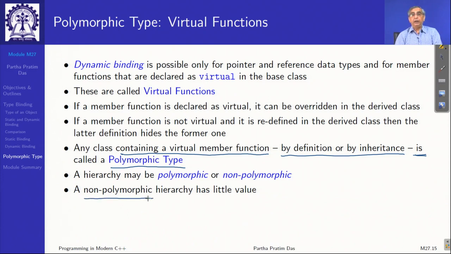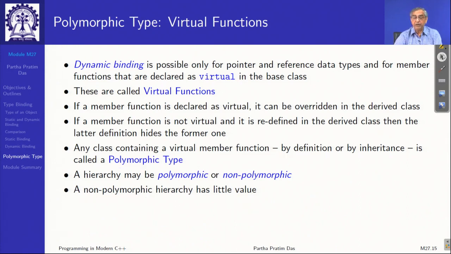The reality is, whatever we have been discussing about the hierarchy so far was naturally non-polymorphic, but in actual practice a non-polymorphic inheritance hierarchy has little value. It is used only for certain specific cases, but most often you will see that the real power of object oriented programming in C++ will come when you have polymorphic types. That is, you have a hierarchy where you have, say, a root and you have inheritance.